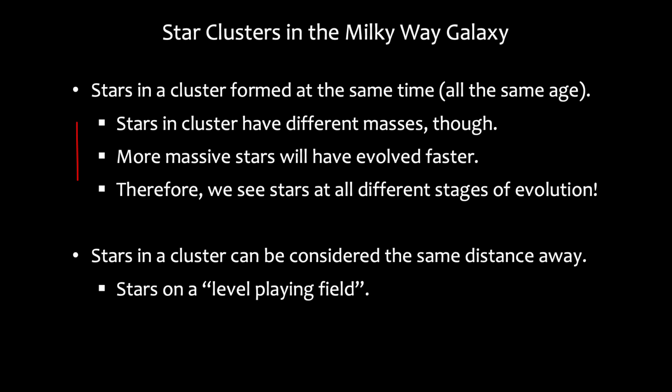All right, and stars in a cluster can be considered the same distance away, so what you do is put all the stars in that cluster on a level playing field. Yes, the cluster has size, and some will be a little closer and some a little farther, but a cluster is very far away from us, let's say 1,000 light years.